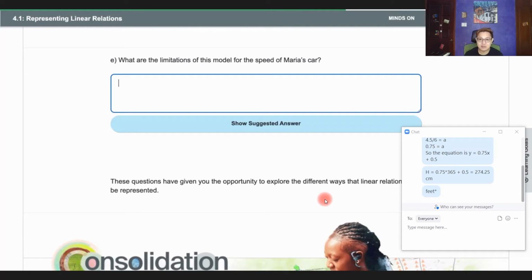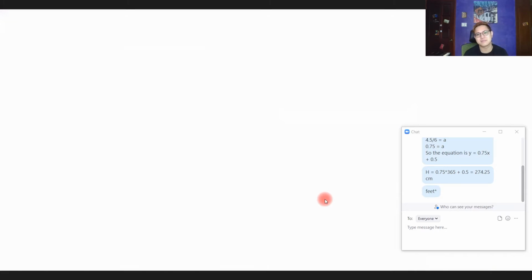In reality, people never just go up or go down. They go up and down, up and down, because there are speed limits. Most highways are about 100 kilometer per hour. I think maximum 140, but 100 is the best bet.